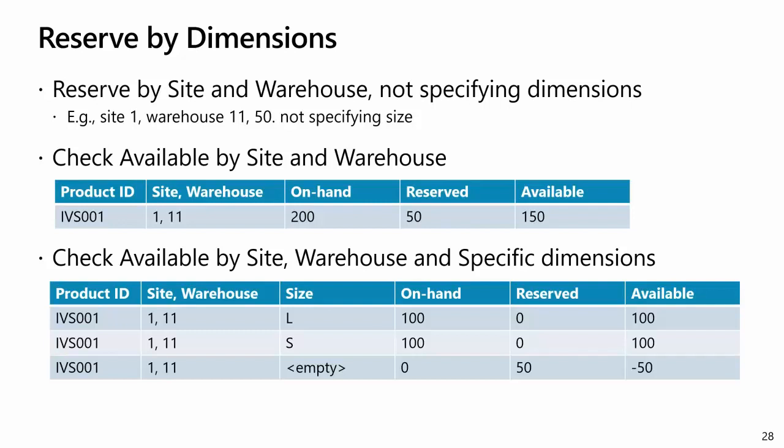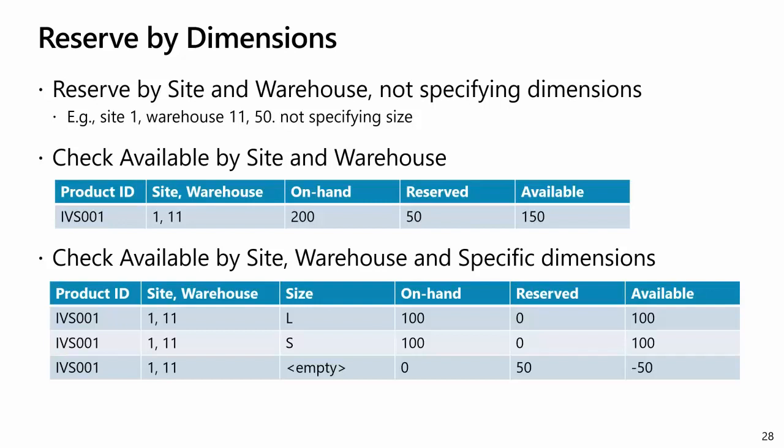As a result, we don't assume that certain dimensions are compulsory when users make orders. Subsequently, we allow our users to either leave a dimension empty or fill it with certain values.